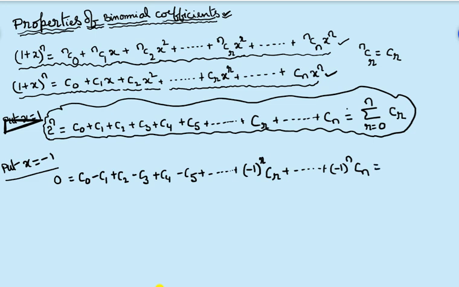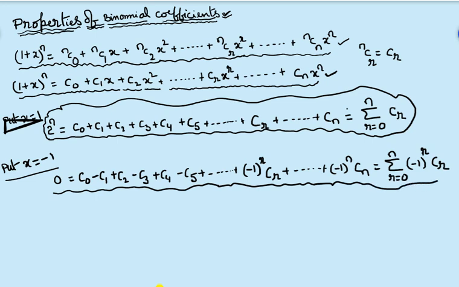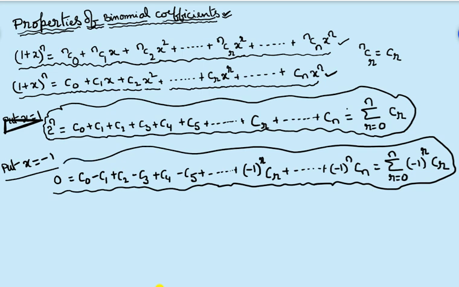That is nothing but the summation r = 0 to n of (-1)^r Cr. That means alternating plus and minus signs are there, and the sum of the binomial coefficients we get as 0. Now this is the second property, and the earlier one is the first property.